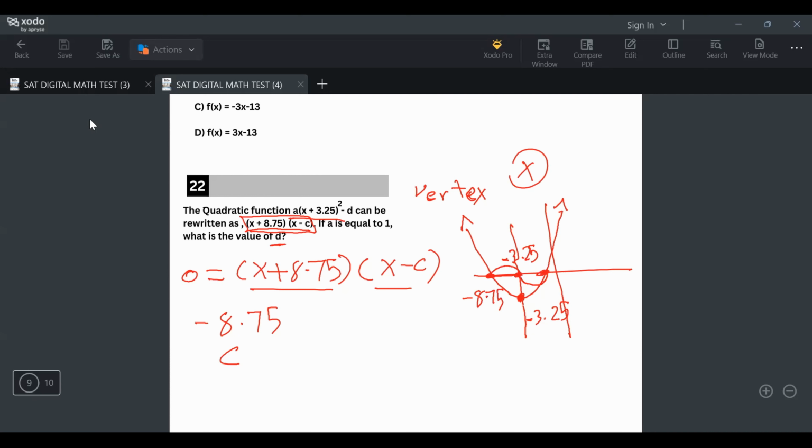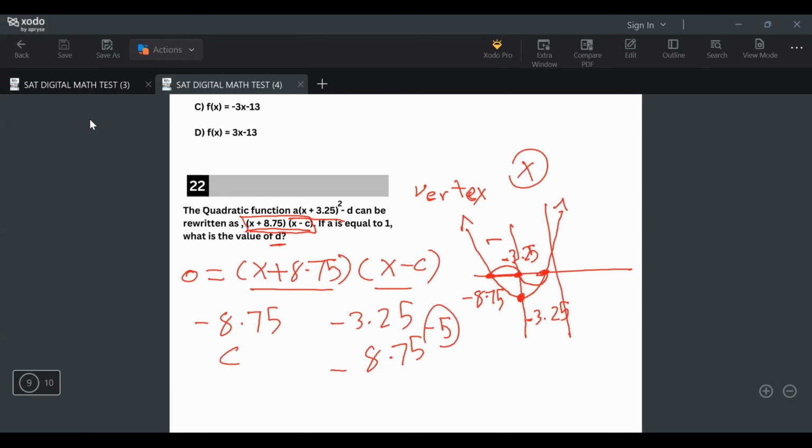So we should find the distance between these two values, which are negative 3.25 and negative 8.75. That's negative 5, so the difference is equal to 5.